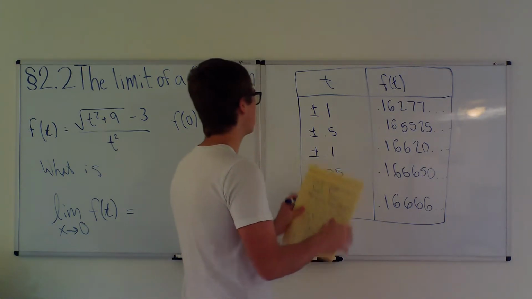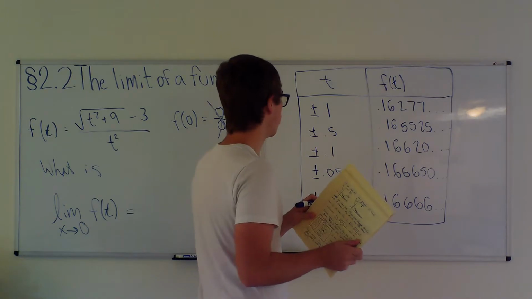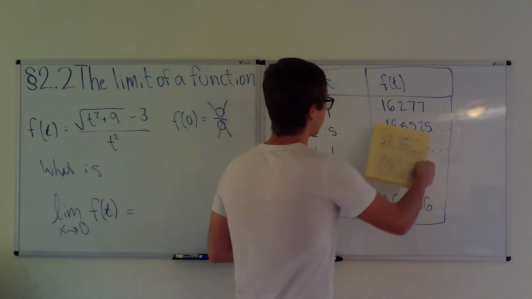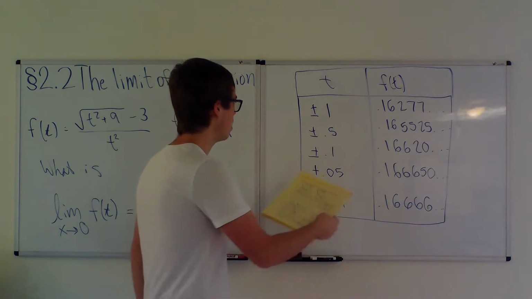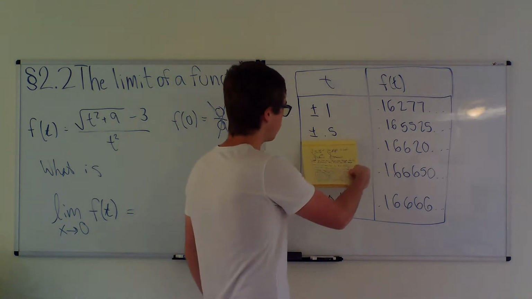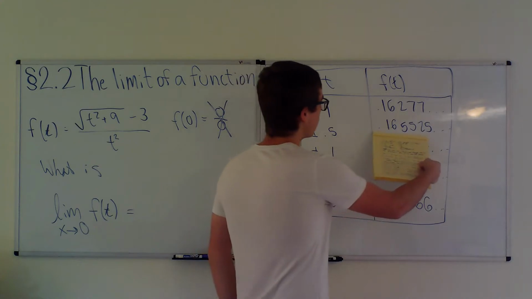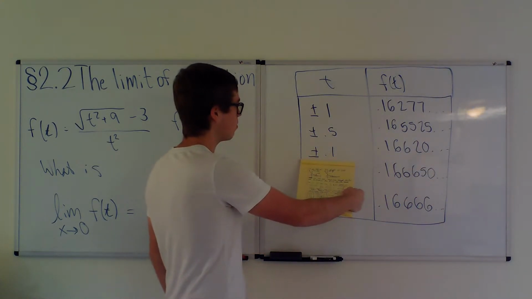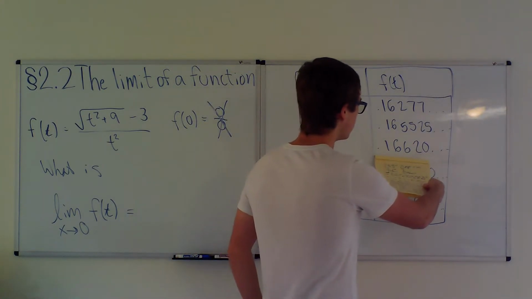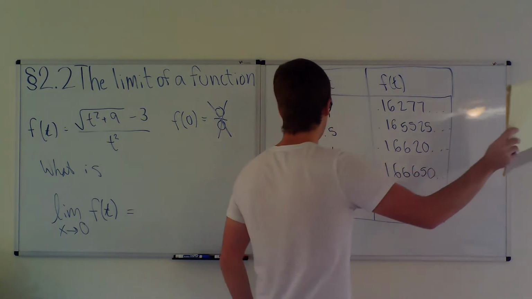So plug in plus or minus 1, that equals 0.16277, a bunch of other decimals, and then plus or minus 0.5, you get 0.165525, more decimals. Plug in plus or minus 0.1, you get 0.16620, more decimals.